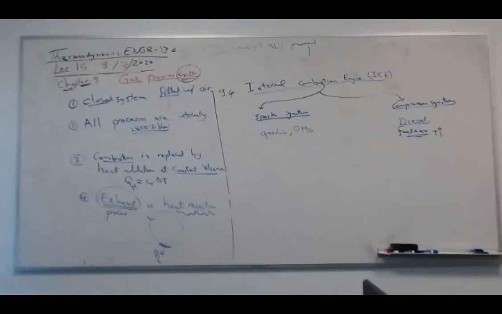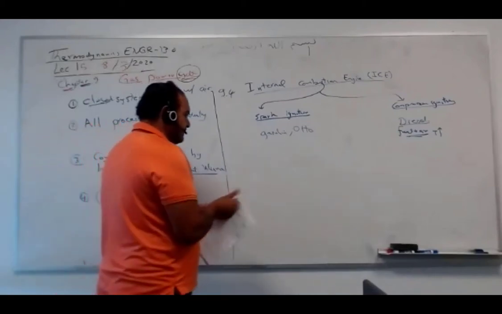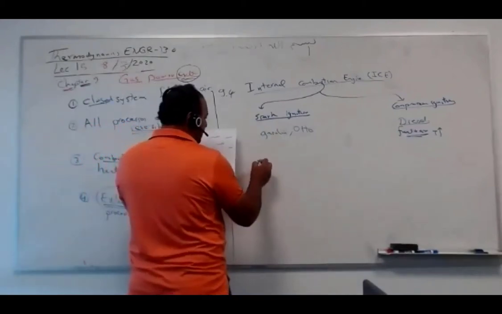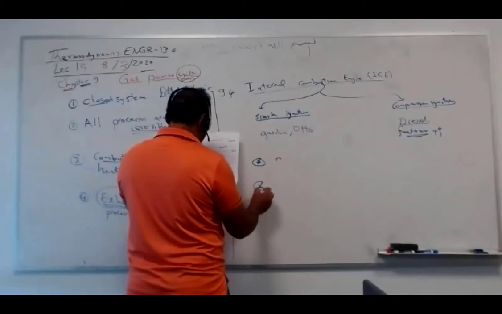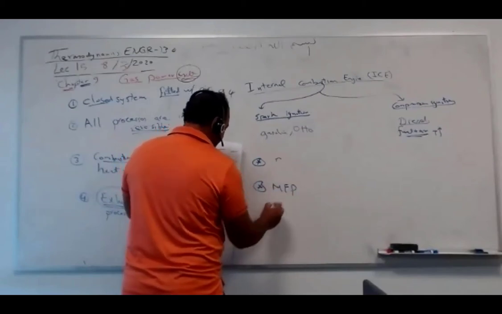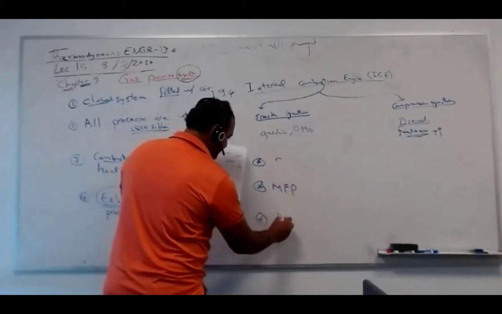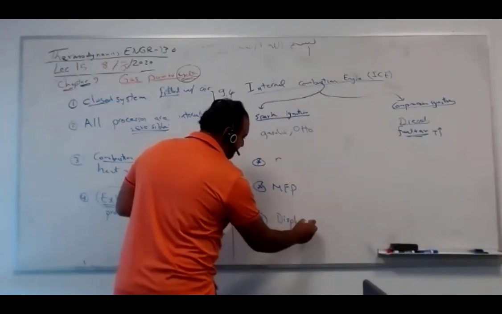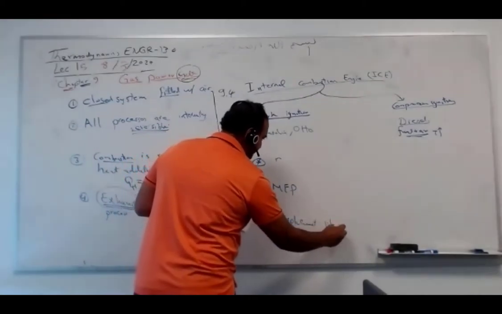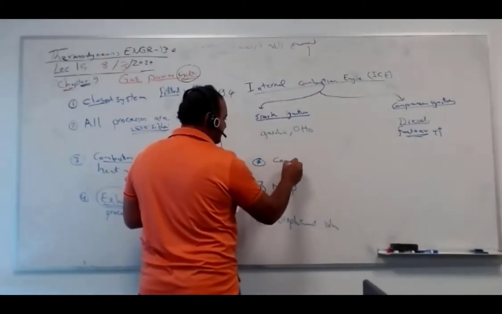In this chapter, we have 3 famous measurements of performance. We have something called r, something called MEP, and something called displacement volume. r is the compression ratio.